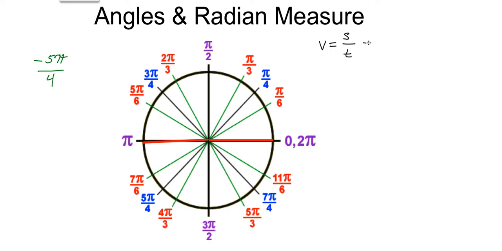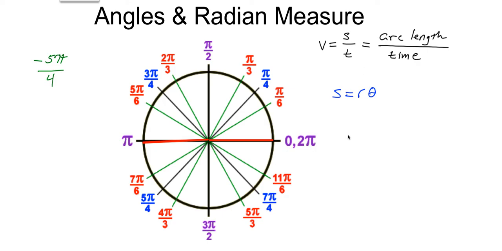So what this really is talking about is the arc length divided by the unit of time. And that's going to give me my linear speed. The angular speed is going to be found using a very similar formula. If I know that s is my arc length, and that's equal to r times theta, my radius times theta, that helps me up here.